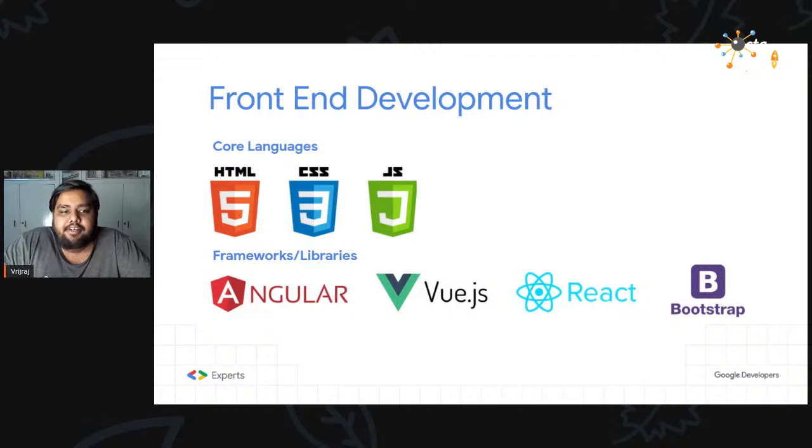You can go for Angular, which is designed by Google, and you can use Vue.js, which is designed by a former Google employee, Evan You, an open source, lightweight, progressive framework. The third one is not a framework, it is a library designed by Facebook, React. And the fourth one is Bootstrap: if you have less experience with CSS, you can use Bootstrap to make mobile responsive UIs.